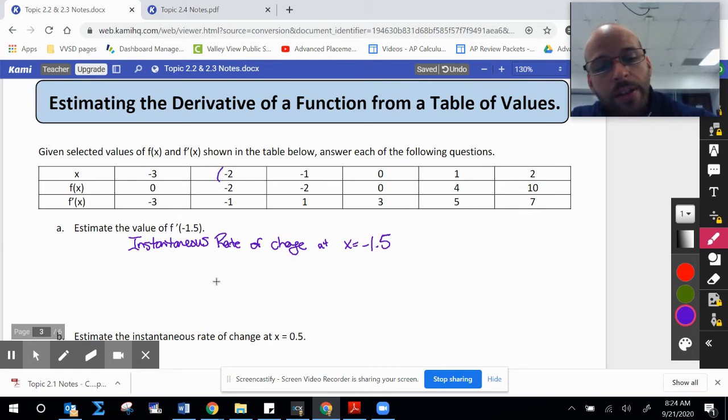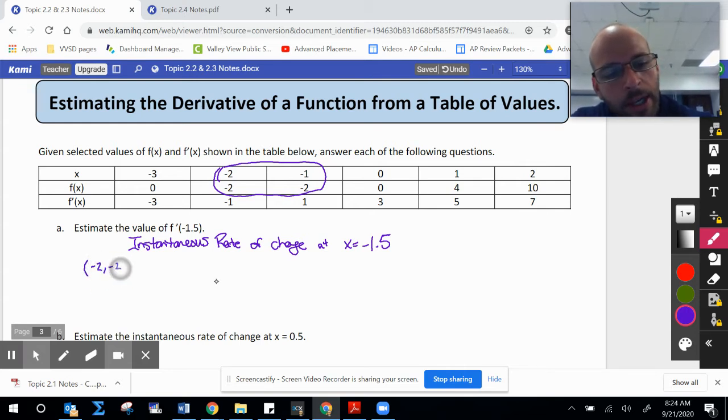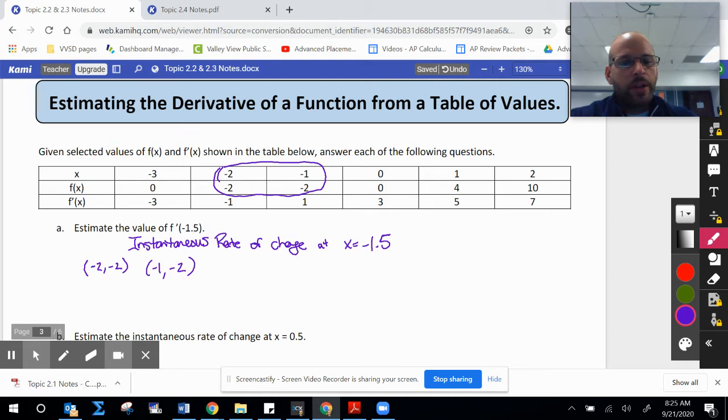Now, if I'm going to do that, I'm just going to find the best average rate of change I can between these values, right? So between negative 1 and negative 2, I want to find that average rate of change, okay? So I'm going to use the points negative 2 comma negative 2 and negative 1 comma negative 2. And if you find the average rate of change between those points, that will then give you an approximation for that derivative.